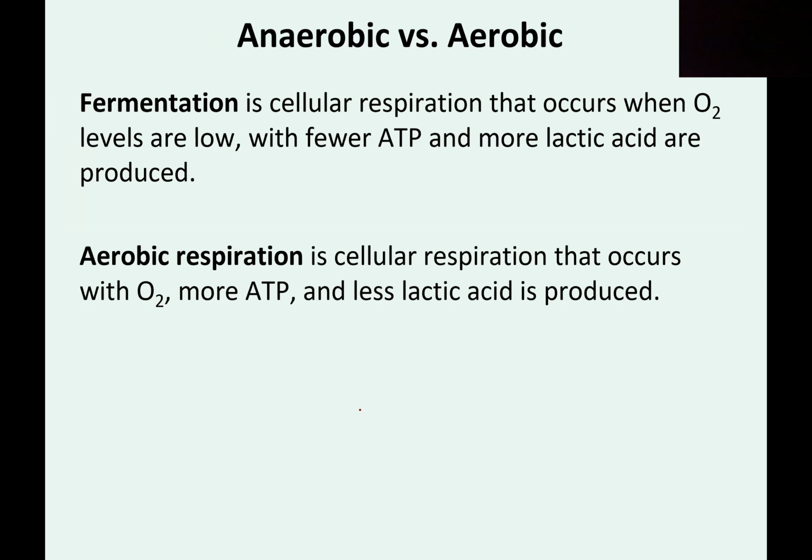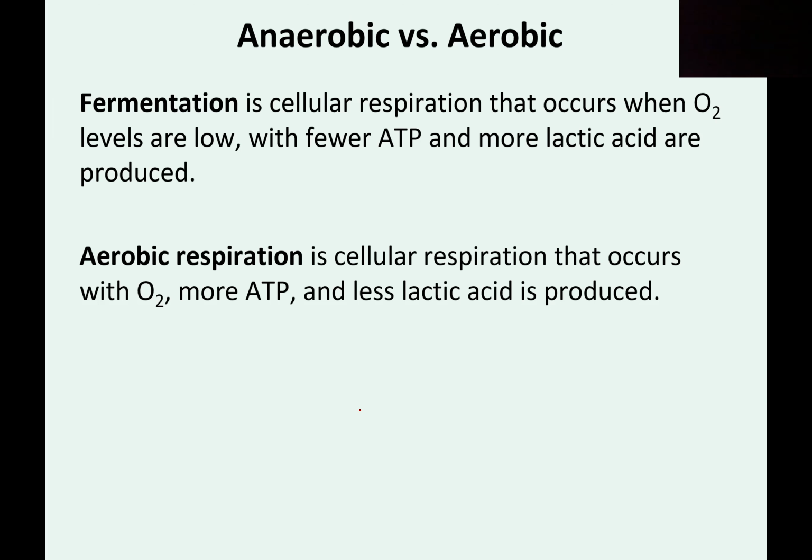If you're plants, you would make alcohol. So, difference between animals and plants, the waste product produced. Now, lactic acid is what we consider a waste product. It's also associated with the burning sensations that you have in muscles when you overuse them.